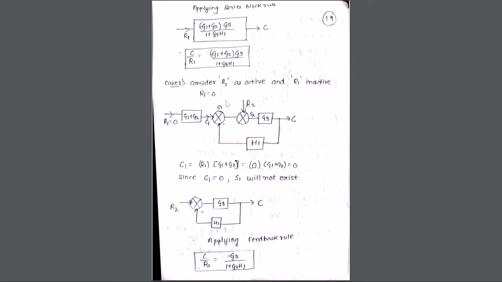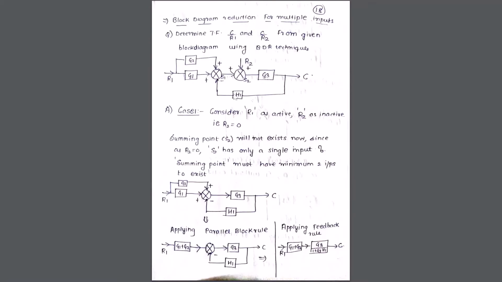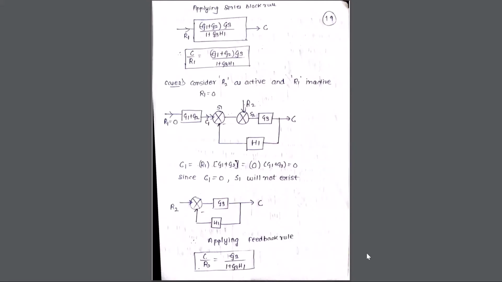Hence, you will get this answer. I hope you are very clear. Here, we are removing R2 because we have to find out only for R1. Since R2 is removed and my summing point has only one input, I can remove my summing point. This reduces to this. I use a parallel block rule. I use a feedback rule. I multiply them. I find out the answer.